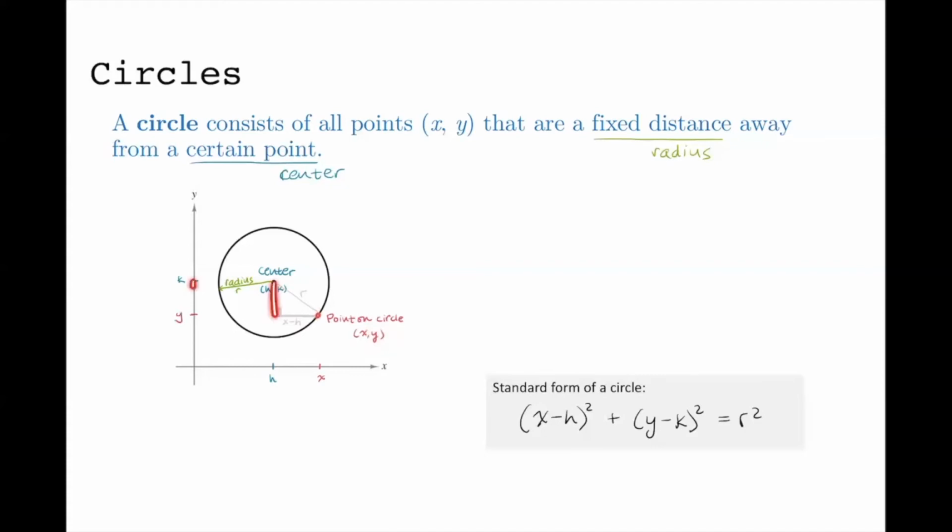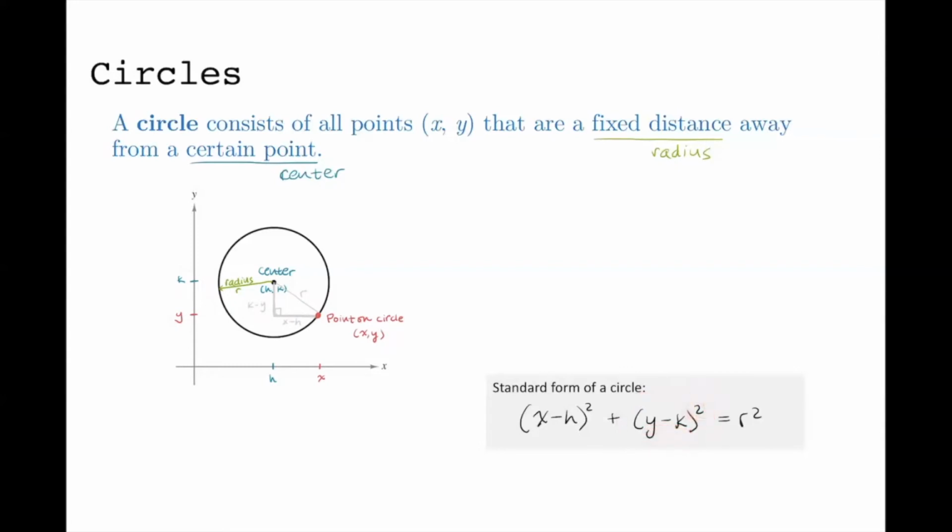Then the length here is just the difference between k and y. So we're squaring, so we could put that as k minus y. And we can also put it as y minus k. It doesn't matter. It's actually the absolute value. So I'm going to put it as k minus y because in this context it makes the most sense. But when we end up squaring, like we do in the formula, if this is positive or negative, you'll get the same thing when you square it.